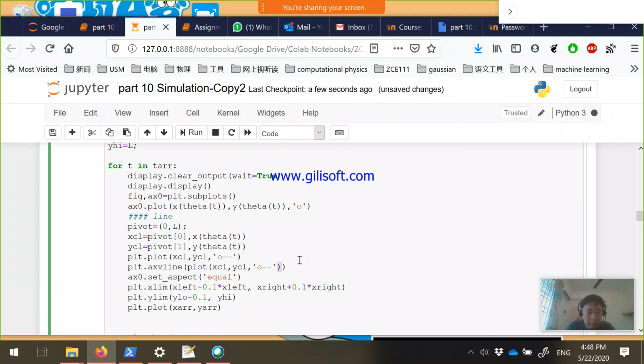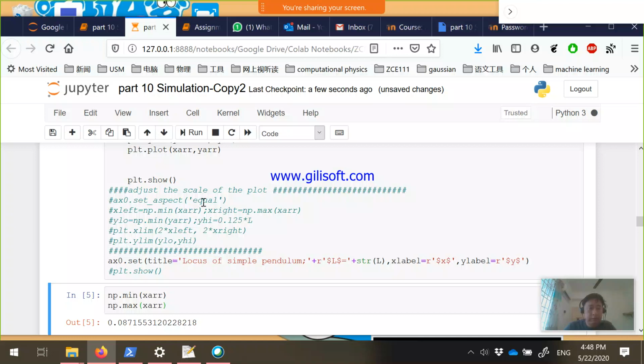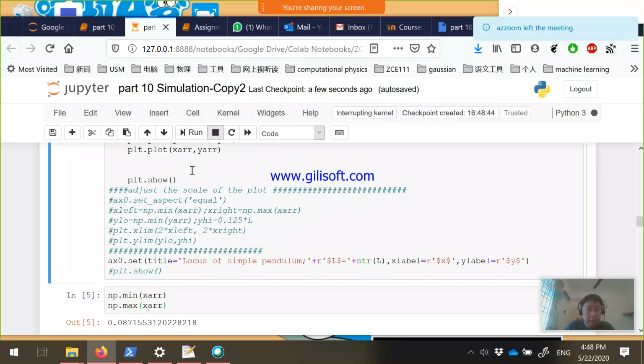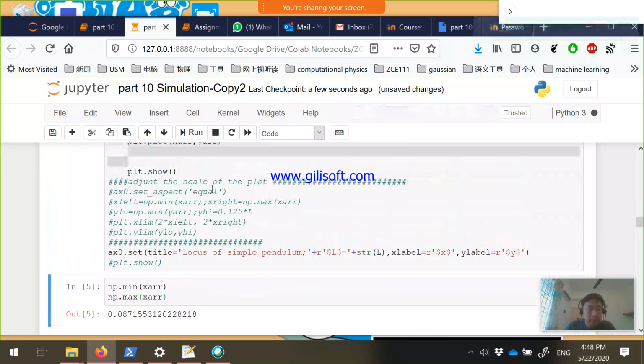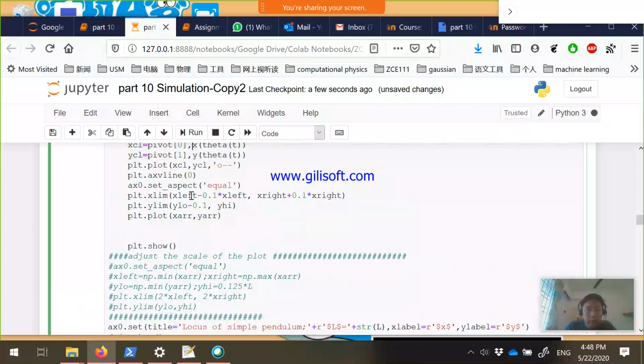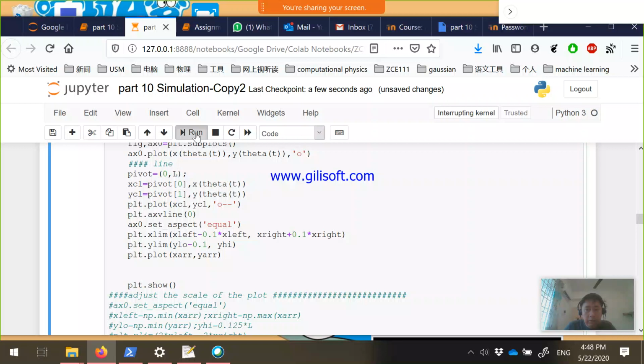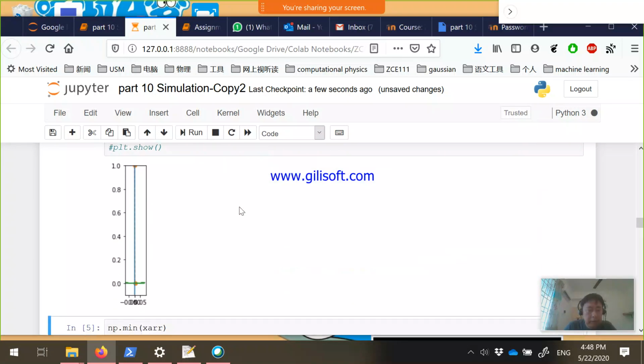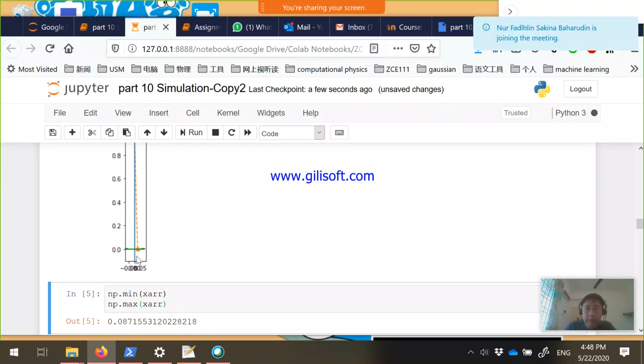A vertical line at 0 will give you a vertical line that goes through the middle of the simulation. So I'll stop it and then run it again. Okay, now you see a vertical line has been displayed.